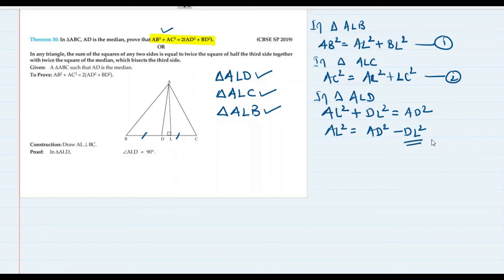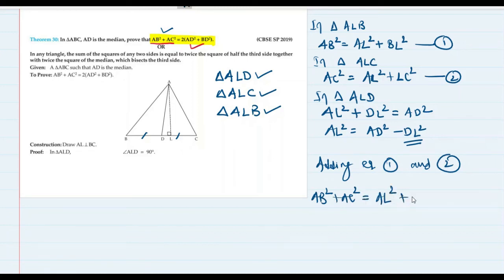Okay. Now see, what do we have to prove here? AB square plus AC square's value is equal to something. So let's first add equation 1 and 2 and find AB square plus AC square, because equations 1 and 2 give the value of AB square plus AC square, right? So adding equations 1 and 2, AB square plus AC square is equal to AL square plus BL square plus AL square plus LC square.